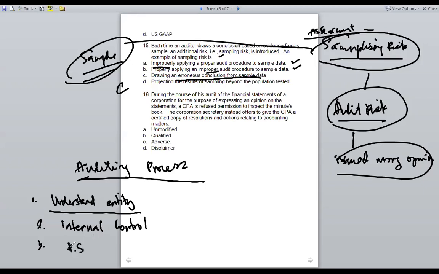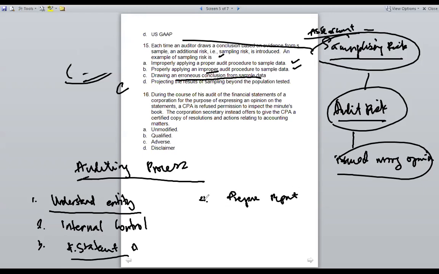Then from the audit of financial statements, you assess, and then you prepare the report. And number 5 is prepare the report, and then issue the report. Simple lang yan.